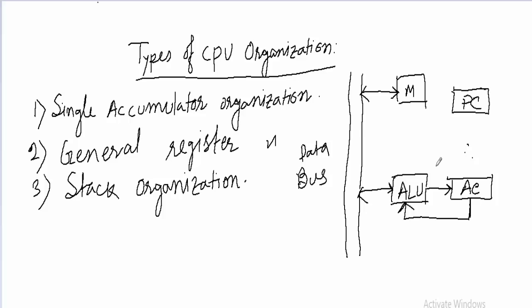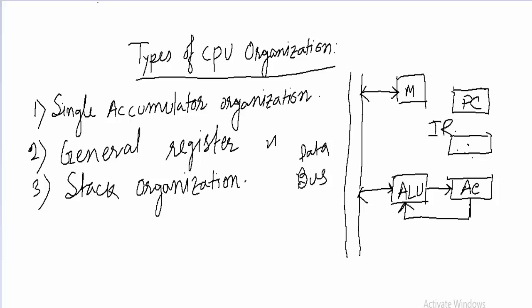Another register that could be present is the instruction register. This instruction register will get the instruction from the memory and save it here. The instruction register will interpret the instruction and generate the control signals.